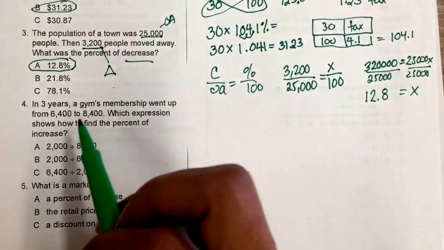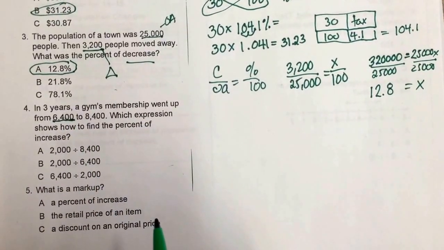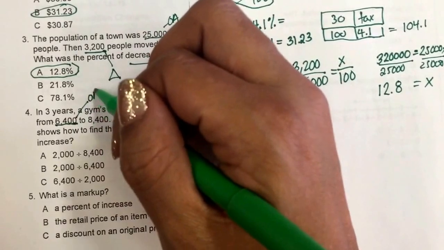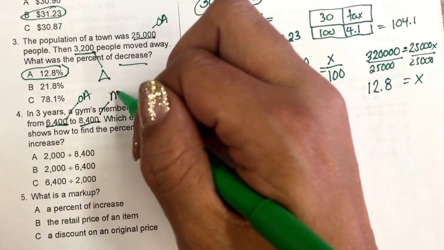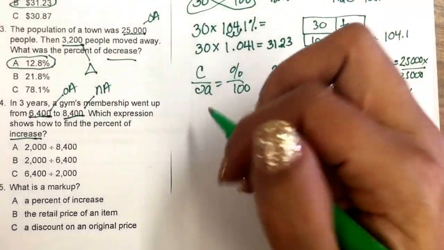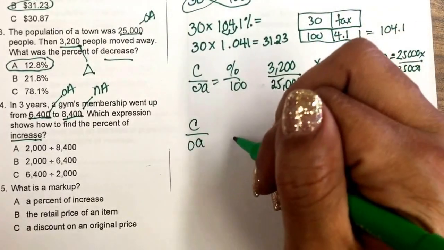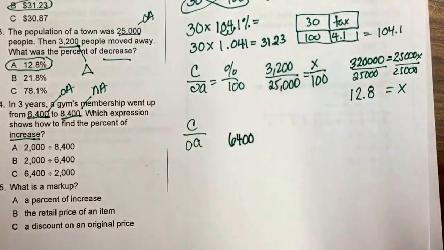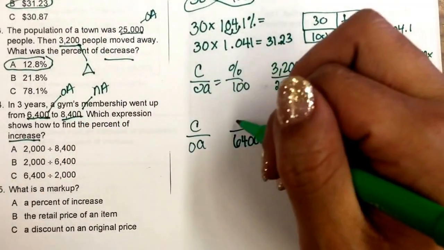For the next question, my membership went from 6,400, that's my original amount, to 8,400. This is my new amount. But I want to know how much did it increase. So again, if I'm using this type of formula, change over the original. So I know it used to be 6,400. It went up to 8,400, so it went up 2,000.